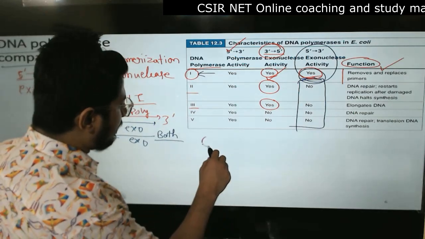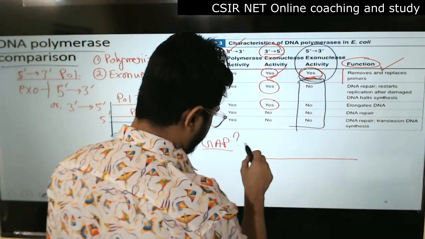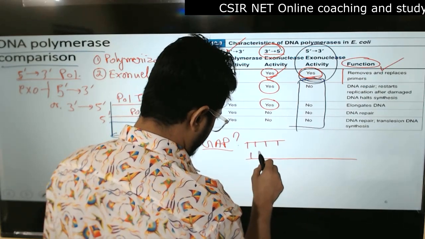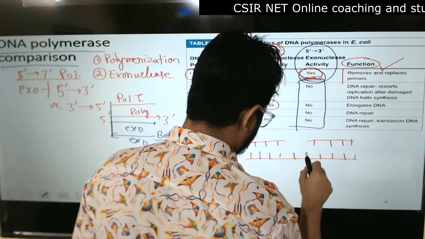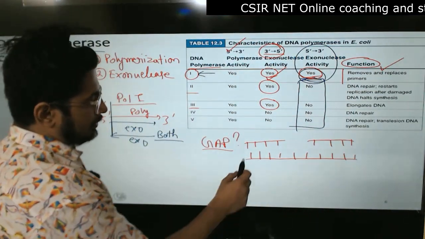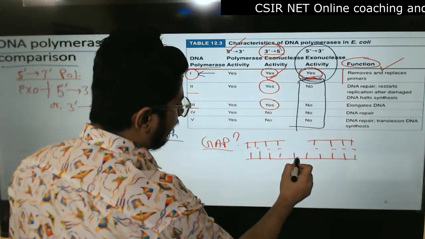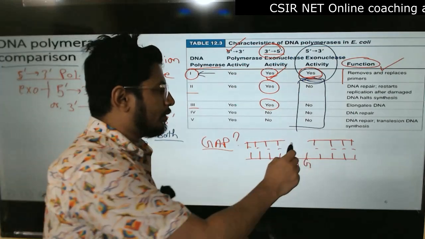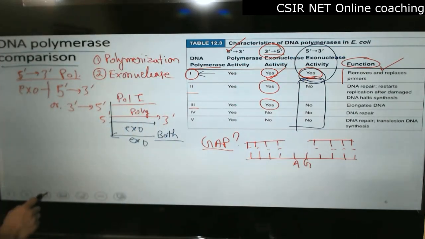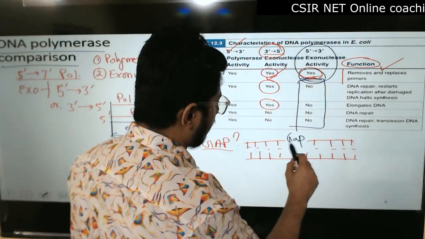Now what is a gap? Let's say this is the DNA strand. So these are hydrogen bonds in the middle, but here are two nucleotides, let's say A and G, and no other nucleotide is present in the complementary DNA. This region is known as a gap.